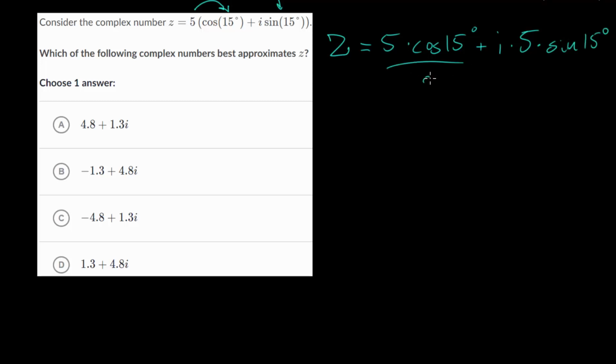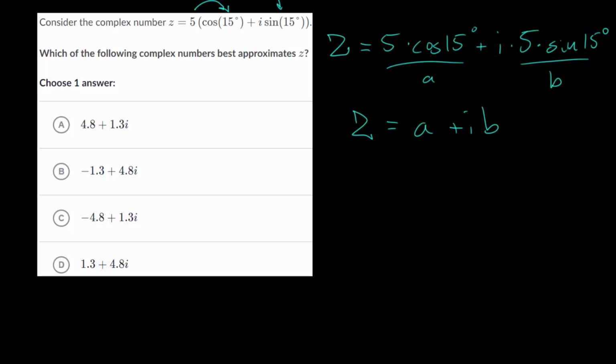And this right here will be the real part of our complex number, and this part here will be the imaginary part, where z is a plus i times b. And since we are given this in its polar form, we know the magnitude or the modulus of the complex number is 5, and its direction is 15 degrees. And again, this is measured relative to the positive real axis.